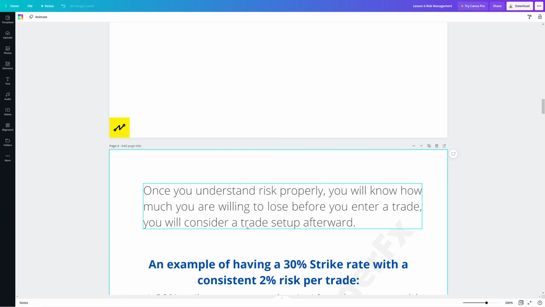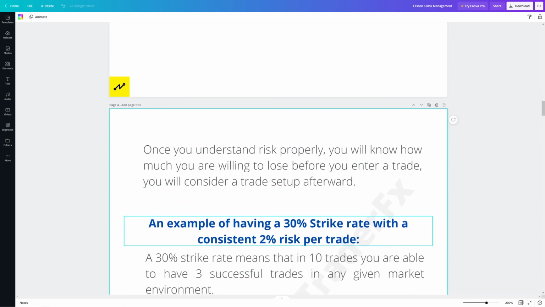You have to know how much you're willing to lose before you even enter a trade, so that you can prepare yourself. You already know that okay, fine, I'm willing to lose this much. I'm just going to wait for a trade setup to present itself to me and not force it. And in that way, you'll be able to take advantage of the trade with your comfortable risk.